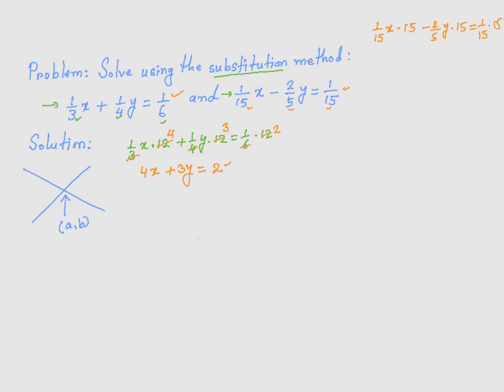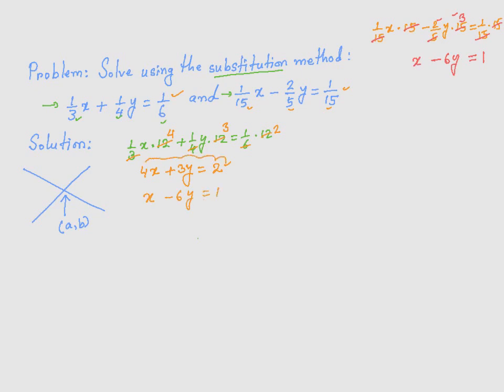If I do that, on the right hand side 15 and 15 cancel out, that gives me just 1, and then 5 goes into 15 3 times. 3 times 2 is 6, so it's going to be 6y, and in front of it is negative. 15 and 15 cancel out, that gives me x. So it becomes x minus 6y is equal to 1. So x minus 6y is equal to 1.